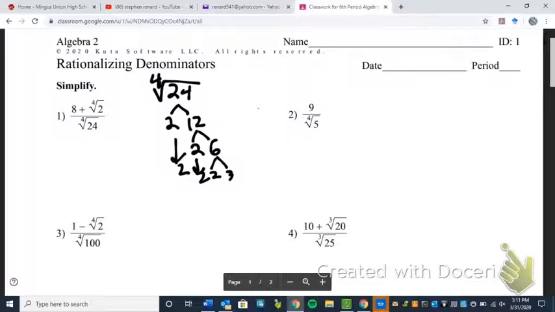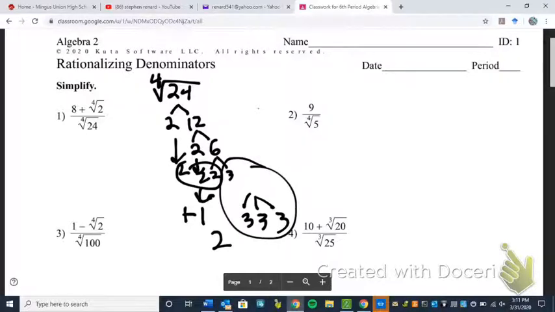How many 2s are we missing? And how many 3s are we missing? So when we look at this, we see that what we're missing is 1 2 and 3 3s. So we have 1 2 that we're adding, and 3 3s, because we need 4 of each. Okay? Because that's what the 4th root tells us.